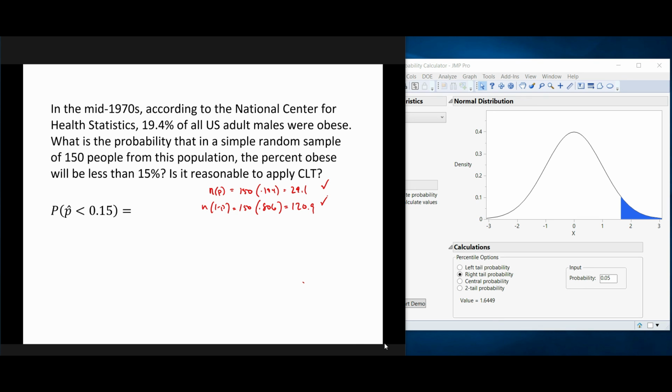We can apply the central limit theorem here, and so this is going to be equal to the probability that p hat minus p over the square root of p times 1 minus p over n is less than 0.15 minus p, which is 0.194, over the square root of 0.194 times 1 minus that, it's 0.806, all divided by 150.